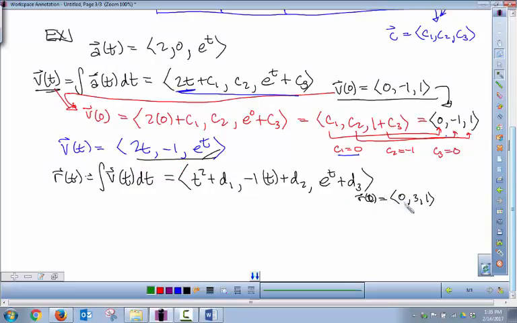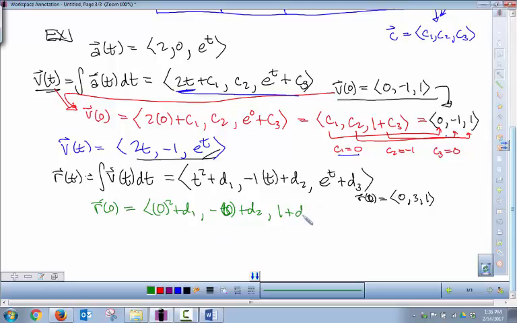We have r of 0 is equal to 0 squared plus d1. This is negative t. Oops, that's 0. So let's put 0 there. Negative 0 plus d2. And 1 plus d3. e to the 0 is 1.